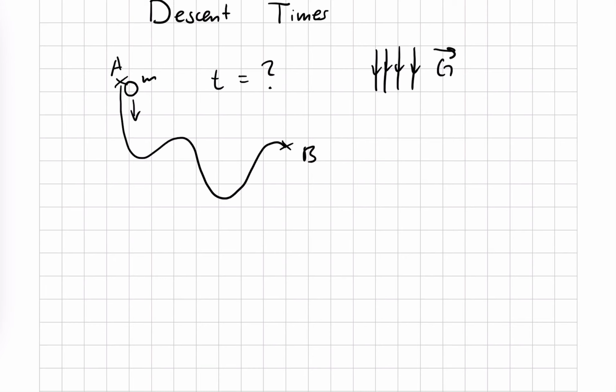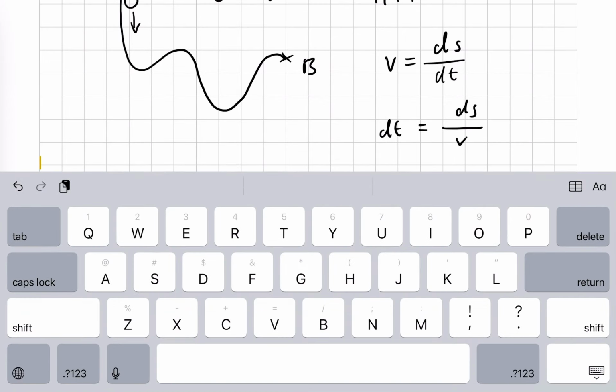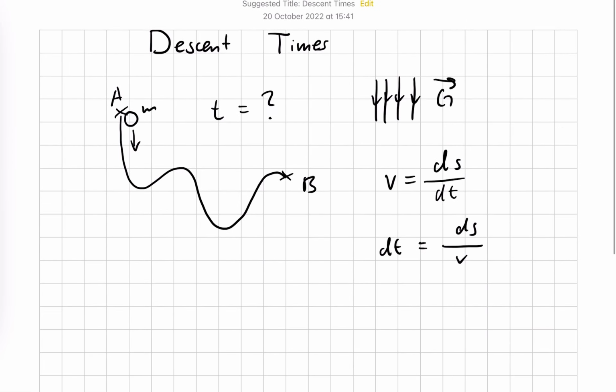So first of all, we need to find the expression for the time. We know that the velocity by definition is ds over dt. From there it follows that dt equals ds over v, and from the definition of the integral, we know that the integral of dt equals t.